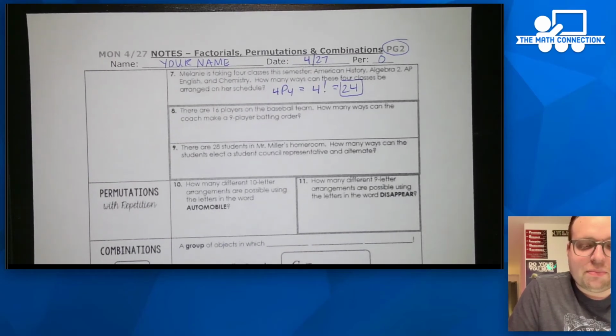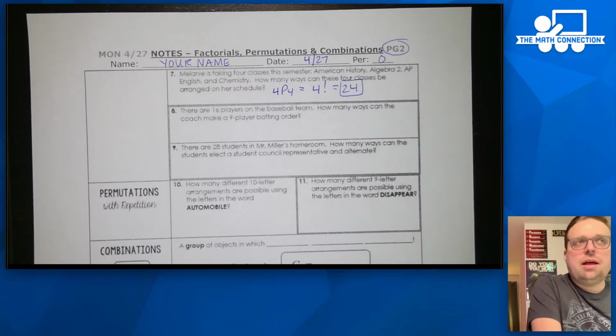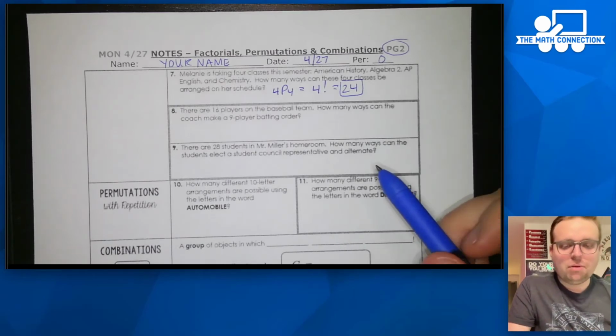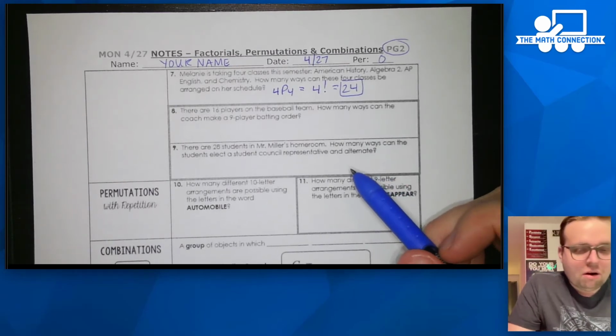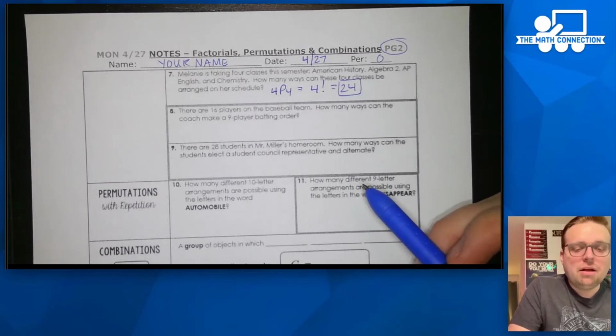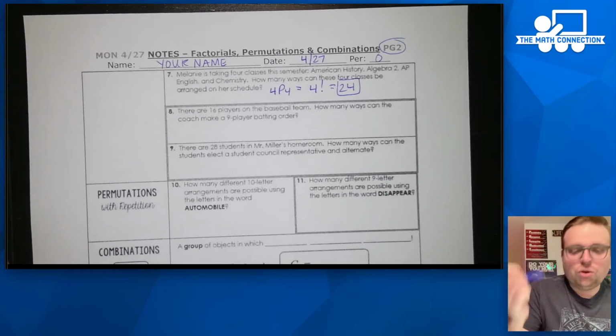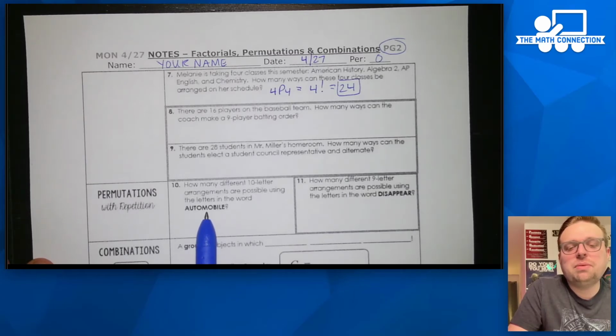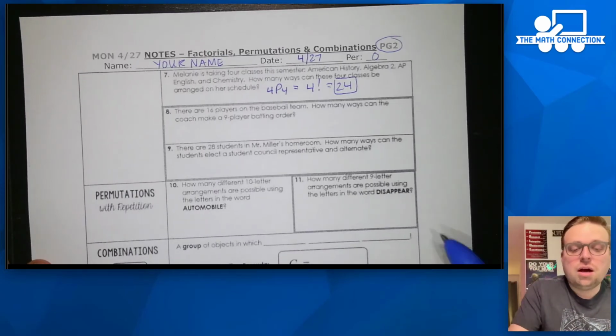So there are 10 letters, and what's happening in this problem is that there are objects in the set that are repeating. So you're rearranging all the letters, but there's a special thing you have to do when an object is exactly the same, depending on how many times it is repeated inside of the problem.